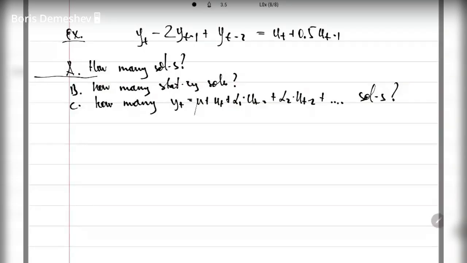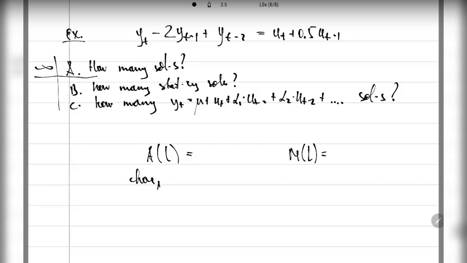Okay, let's write lag polynomials, characteristic polynomials. Who can answer the question A? Yeah, infinitely many. So the first question is very easy. Okay, let's write the lag polynomial A of L, M of L. Let's write characteristic polynomials.